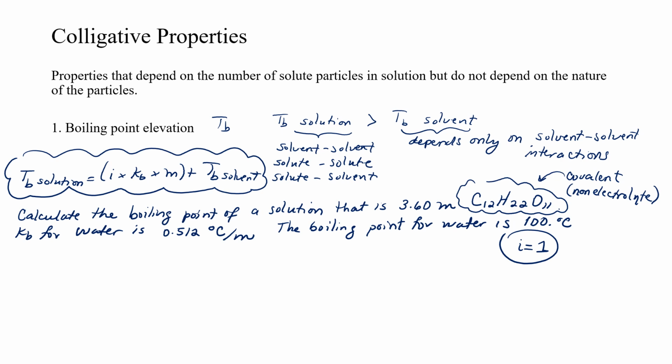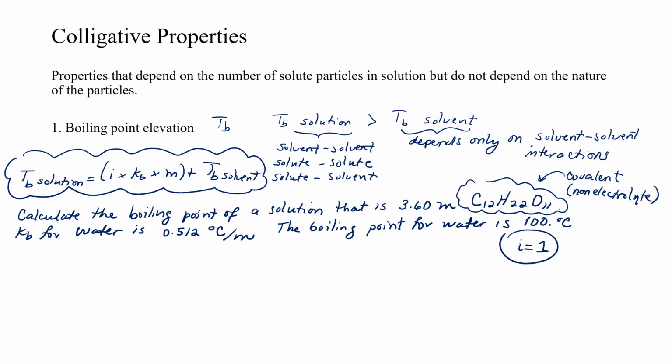Every molecule remains in solution as a molecule. So your concentration is not affected by the number of particles because whatever number of moles you have, that's what you're going to get in solution. So when I'm doing my calculation here, since my solute is covalent, the numerical value of i is 1.